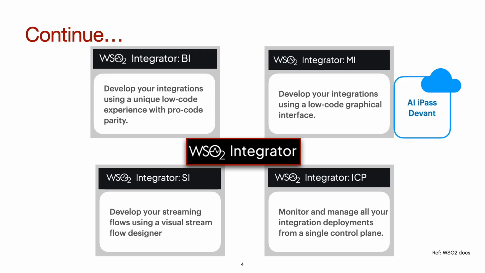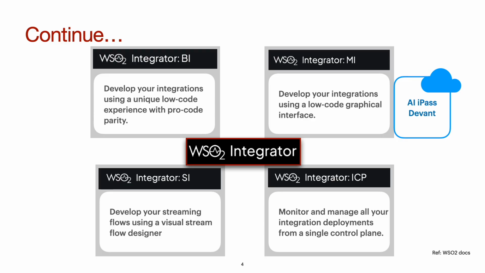All the products are 100% open source, and Ballerina Integrator comes with a powerful low code development experience that superpowers your development. Ballerina is a programming language developed by WSO2 specifically for integration development.